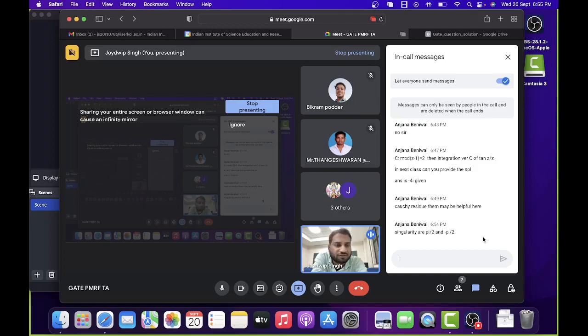Is minus pi by 2 also inside this contour or not? I think it is not. Minus pi by 2 is not here. It's only pi by 2.